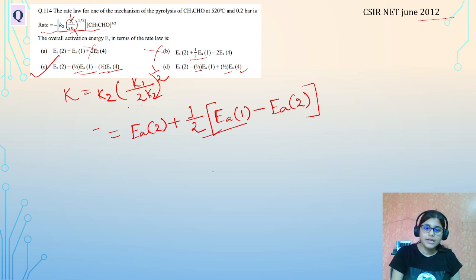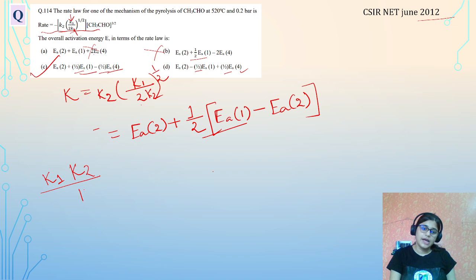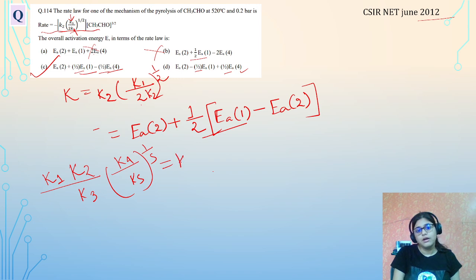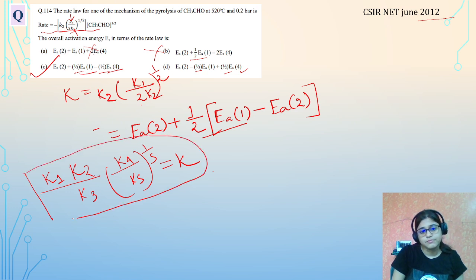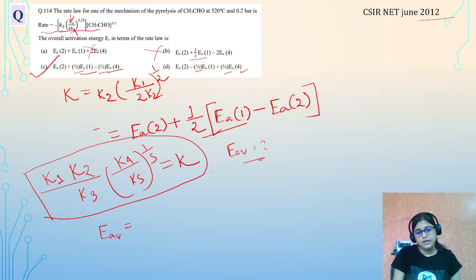So you understood, if let's say I am giving one question, so let's say K1, K2, and K3, okay, and K4, K5 to the power 1/5. This is the equation for K. Okay. So what will be the E average for this? We will just see the K values and we will put the E values for the corresponding K. Okay.